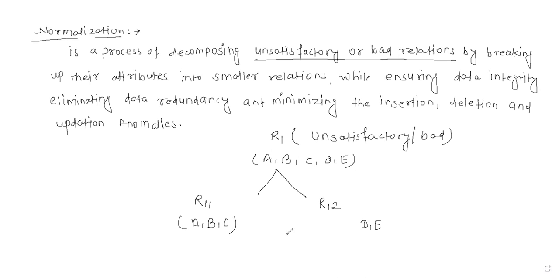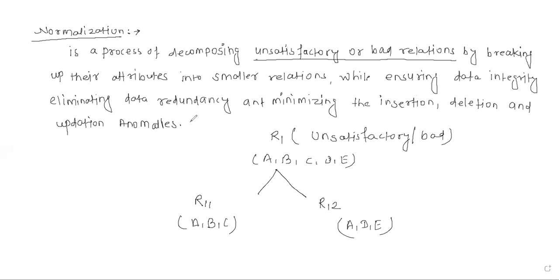So you should have at least one attribute common in both tables. Let us take that attribute as A. In that way, you break R1 into two tables, R11 and R12. R11 consists of ABC and R12 consists of ADE. This is for example.